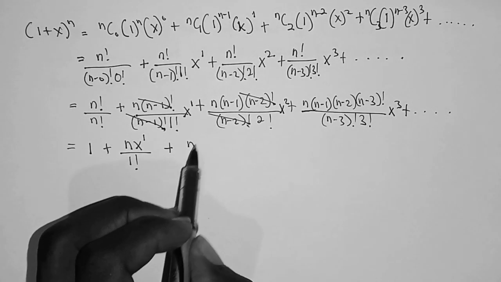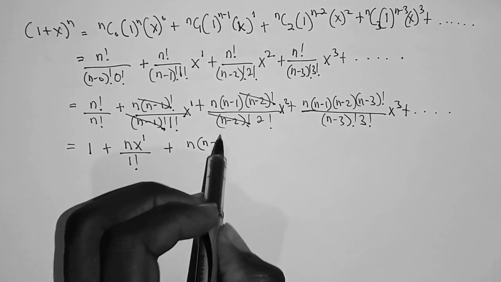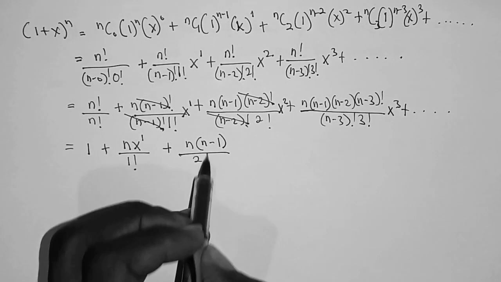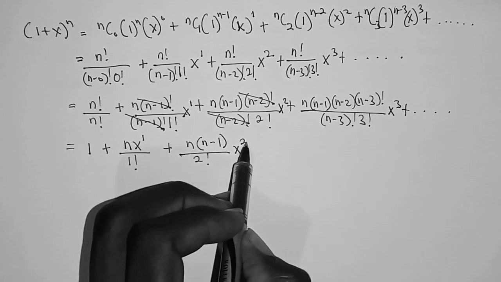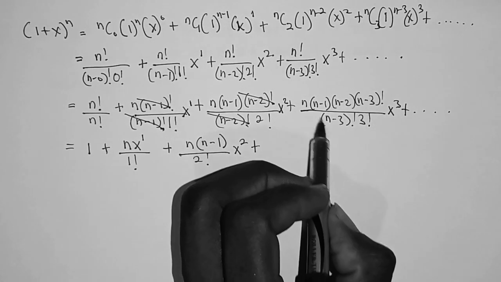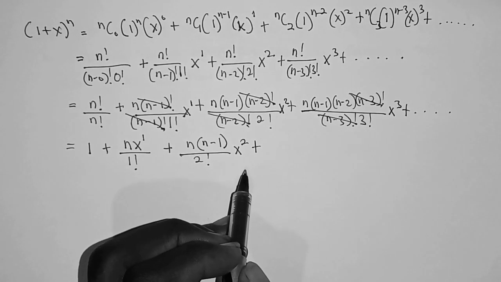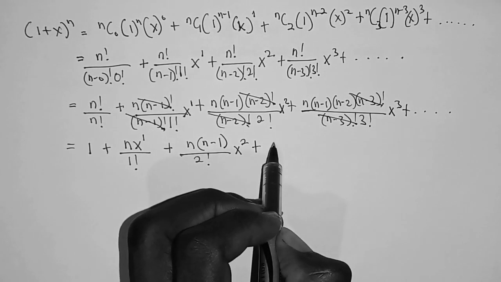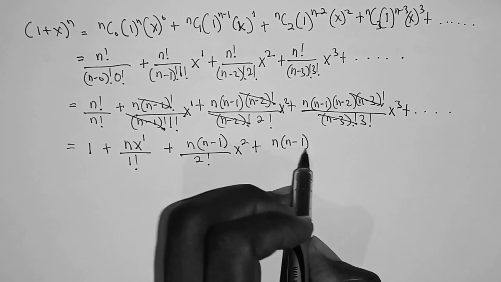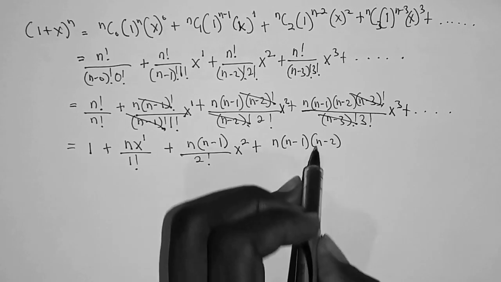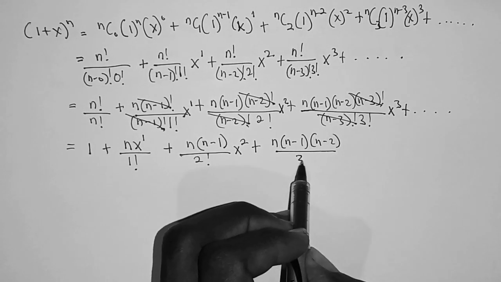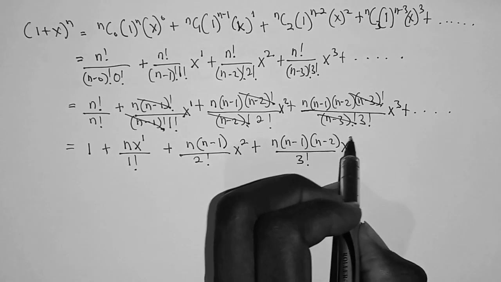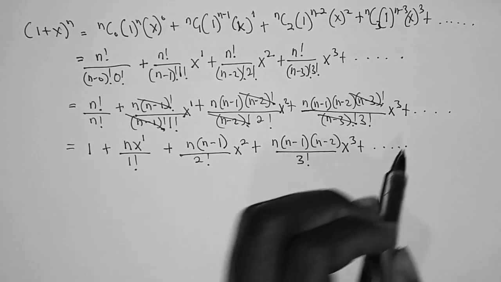So here becomes n times n minus 1 divided by 2 factorial, then x exponent 2, plus n minus 3 factorial cancels out. So we are left with n times n minus 1, then n minus 2, all divided by 3 factorial, then x exponent 3, then it keeps going in that fashion.